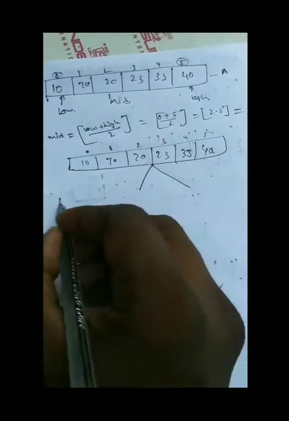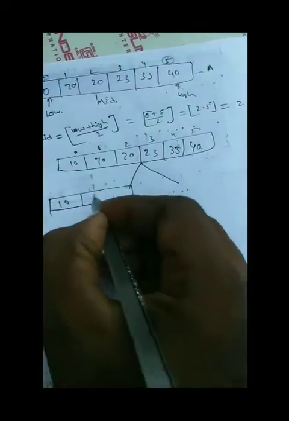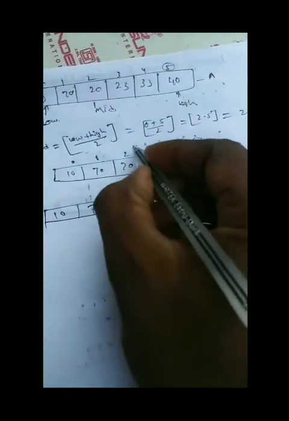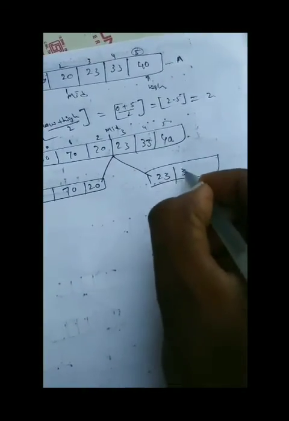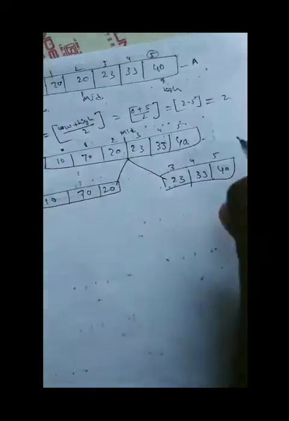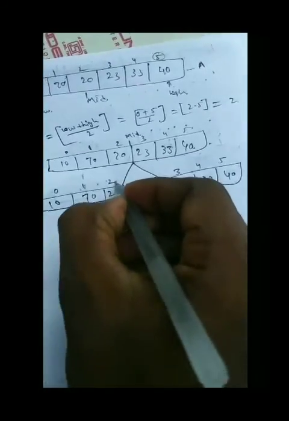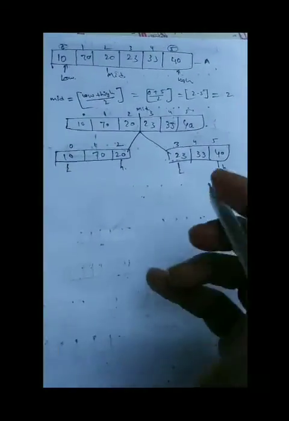It is divided into two parts: the left side of the list containing 10, 70, 20, with the mid element, and the right side of the list containing 23, 33, 40. Again we identify the low and high index positions. Here the index positions are these. Now we have to calculate the middle element.